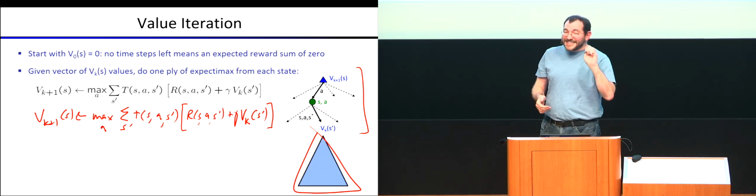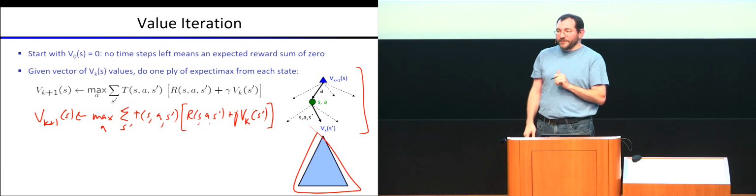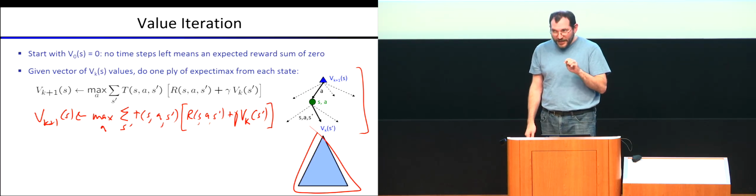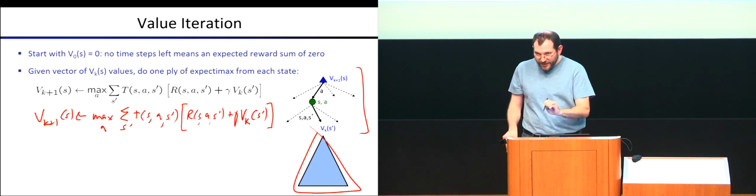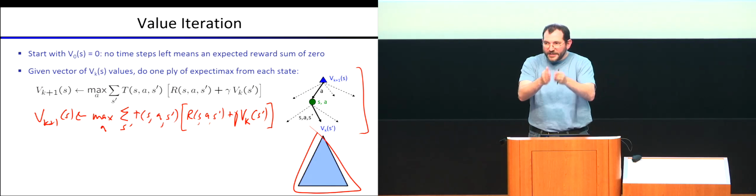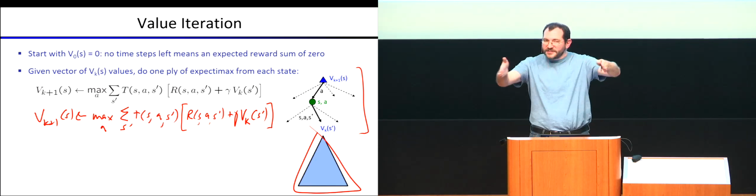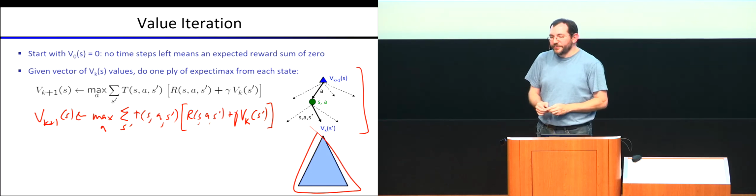This looks exactly like the Bellman equations that related optimal values to other optimal values, except that wasn't an algorithm. This is an algorithm. It relates V k plus 1 to V k, but I know V k. If I have a vector of V k's, I can then visit each state, compute its V k plus 1 with a one-step lookahead, like a one-ply Expectimax search, using this update.